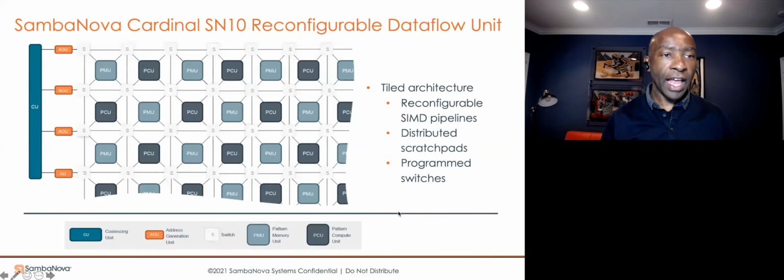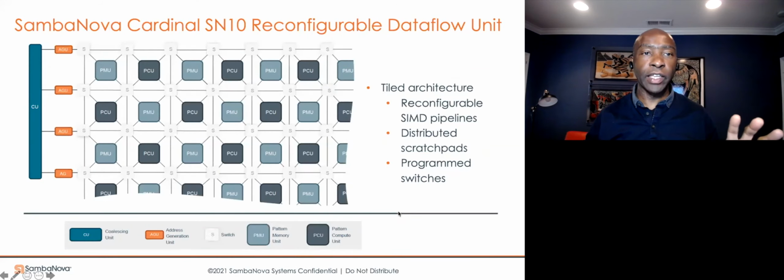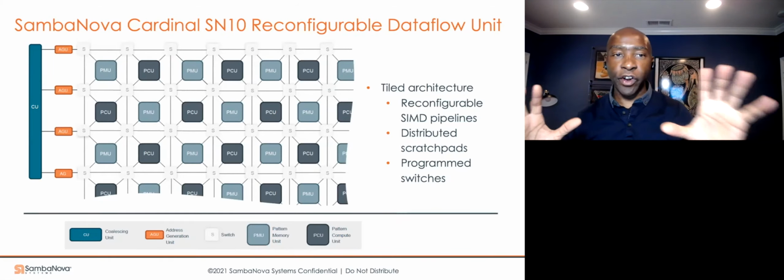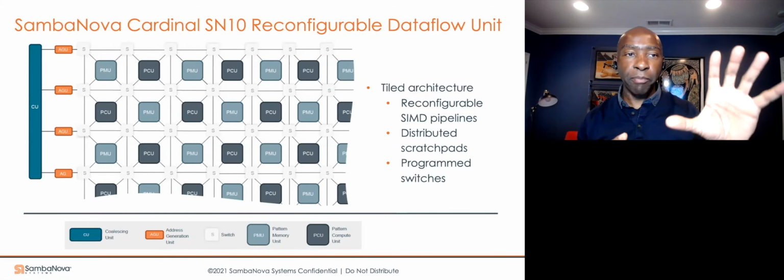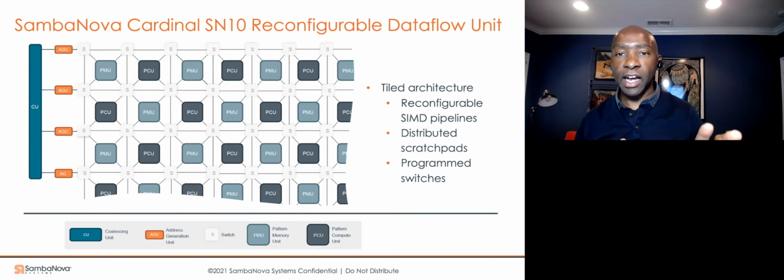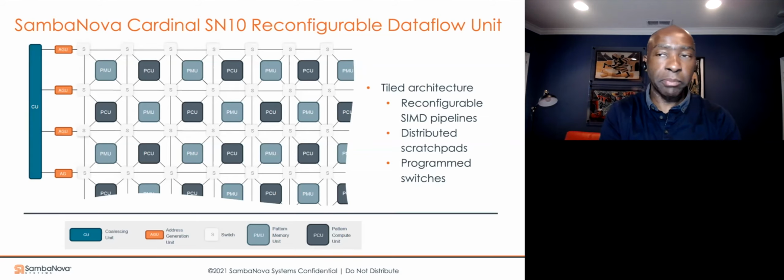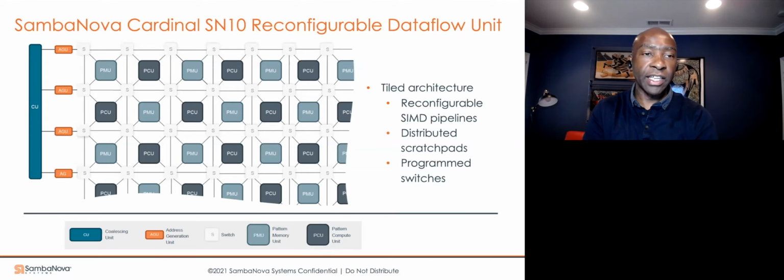And so you've got a tiled array of these pattern compute units and pattern memory units, configurable components that can be configured together using the on-chip network, which is basically programmable switches, to match the needs of the application.